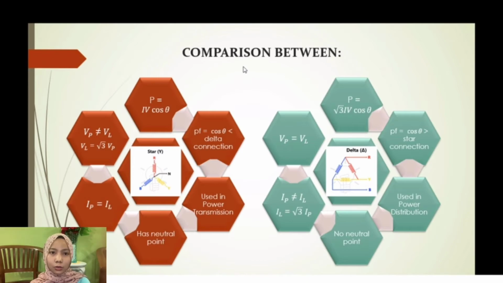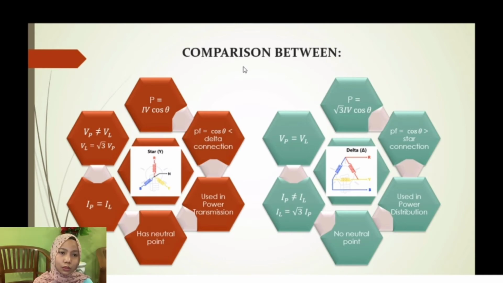This is the comparison between star connection and delta connection. There are 6 differences between them. First, for star connection, P equals root 3 V I cos theta. VP is not equal to VL.